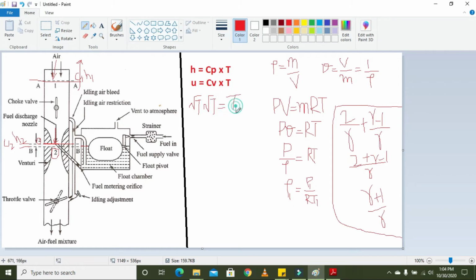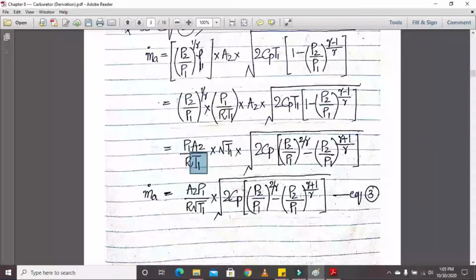So what I have done here is I have broken this temperature T1 into root T1 and another root T1. So now we have 2 root T1 and T2 in the denominator, and 1 root T1 would be cancelled out with the root T1 which is present in the numerator. So we would be left only with 1 root T1 in the denominator. So I hope it is clear how we have obtained the relation for the mass flow rate of the air.